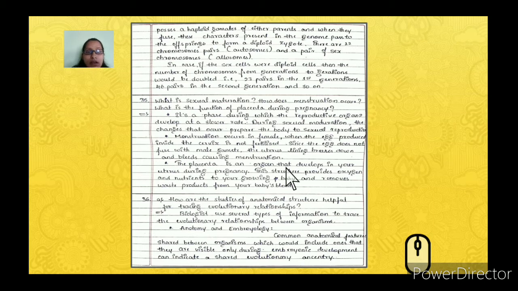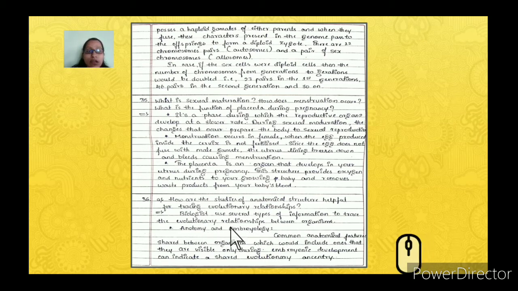So next question is, how are the studies of anatomical structure helpful for tracing evolutionary relationships? We can say that biologists have used several types of information to trace back our ancestors or the evolution, how we have been born and what has been linked between the previous or primitive organisms and the current organisms.